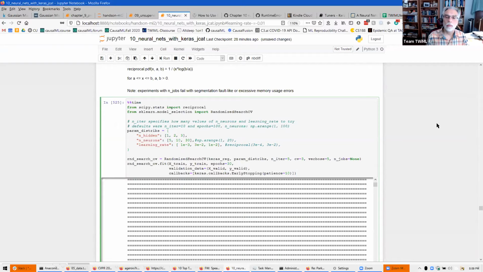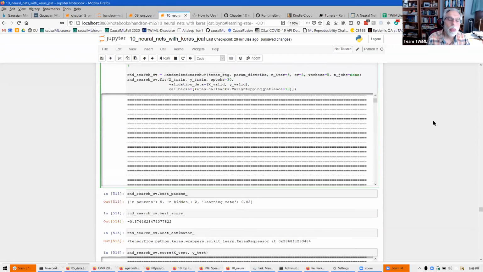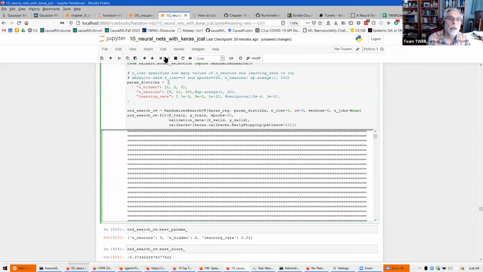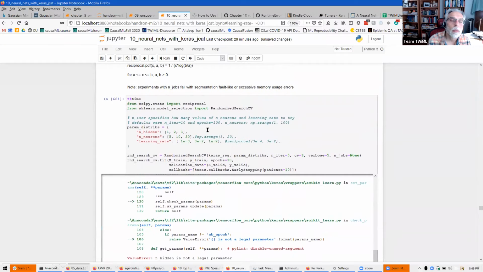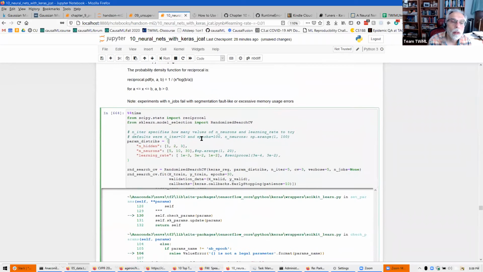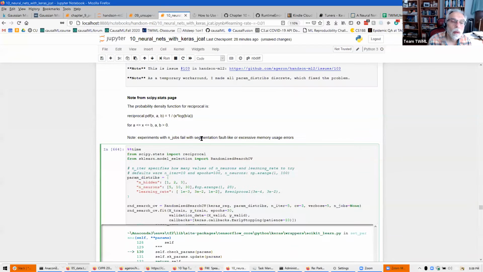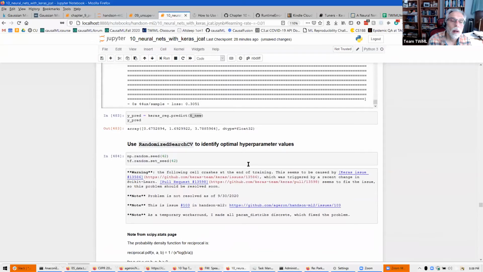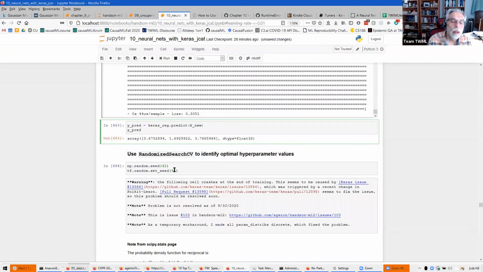Let's see. This might take some time though. Let's just see what happens. Oh, it didn't like that. And hidden is not a legal parameter. Where am I? Oh, let's see.